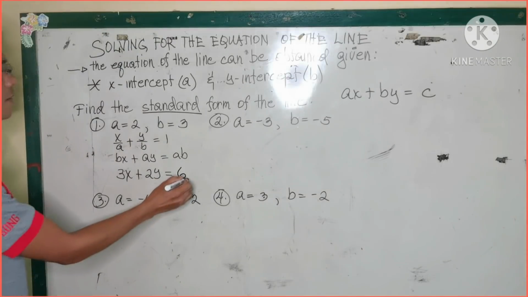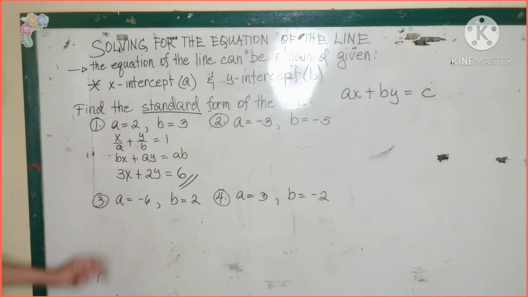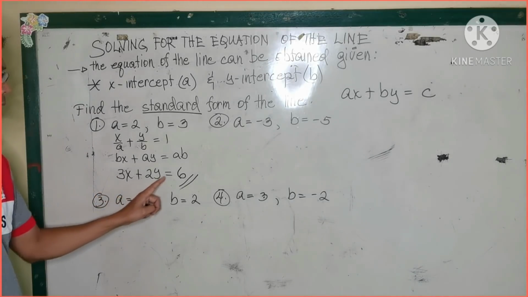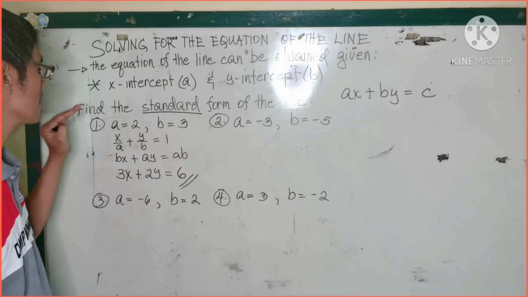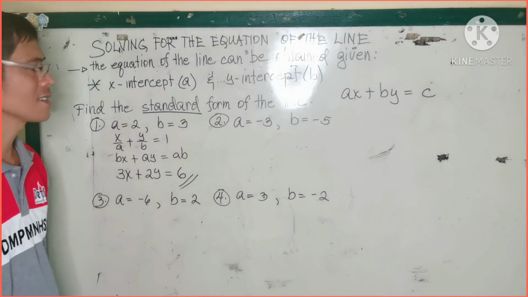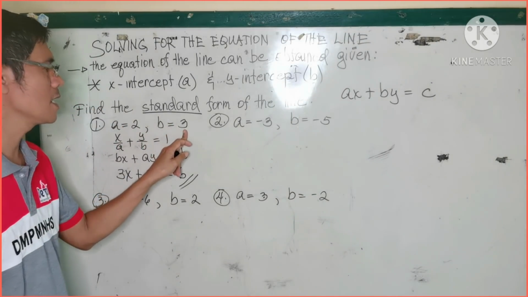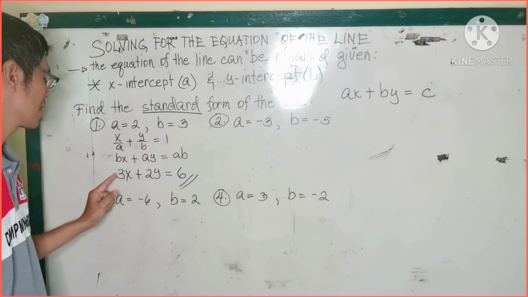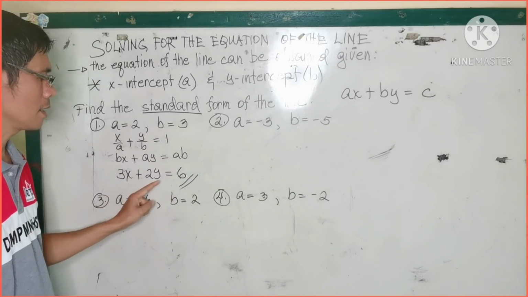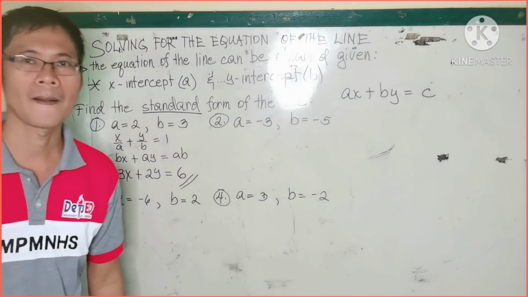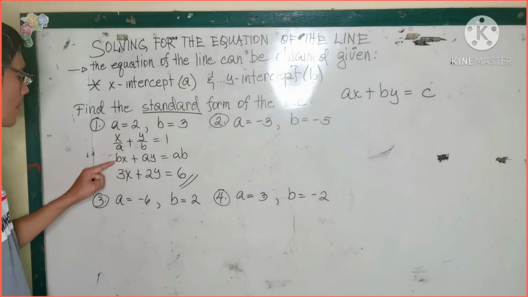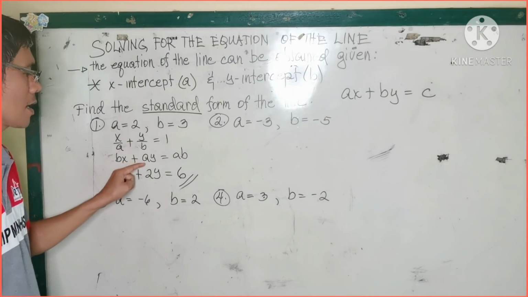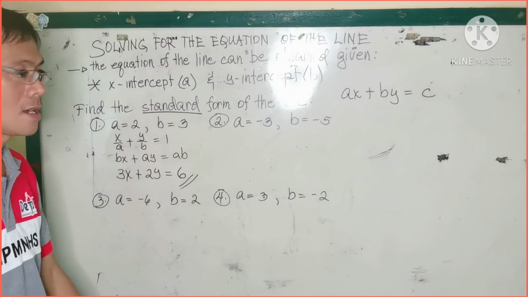So therefore, the final answer is simply equal to 3x plus 2y equals 6. So the equation of the line in standard form having the x and y intercept of 2 and 3 respectively is 3x plus 2y equals 6. So it's very easy. We can just make use of this form. That is bx plus ay equals ab.